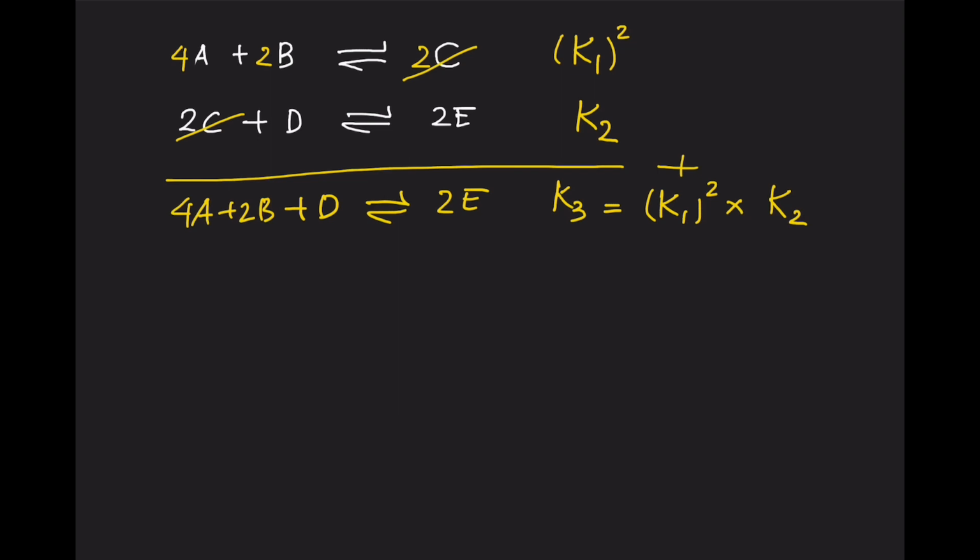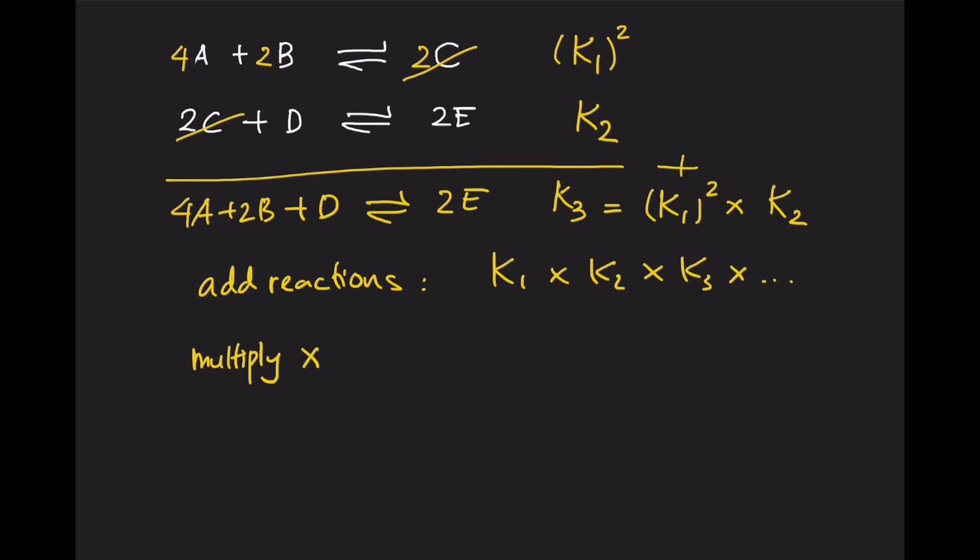So the general rule is that if you add reactions, you multiply the K. If you multiply the reaction by a certain number n, then you have to take that equilibrium constant and power it to the nth value.